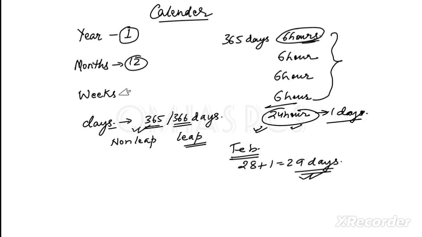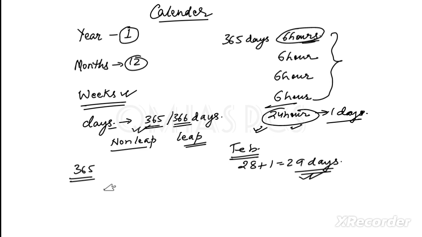Now, how many weeks are there in 1 year? This is very important because from this concept we will understand how to solve the questions. So there are 365 days for non-leap year, 366 days for leap year. We are considering first 365 days. If you see the calendar, let's make a calendar here.